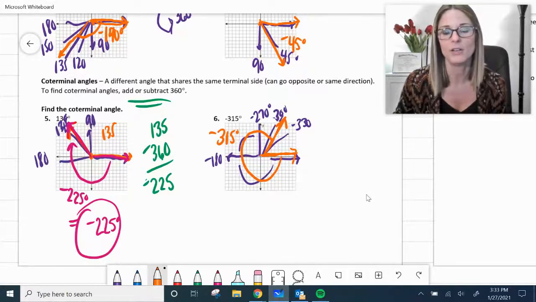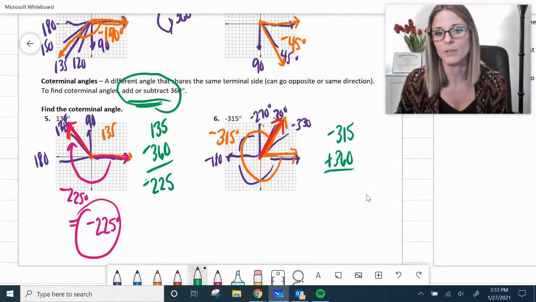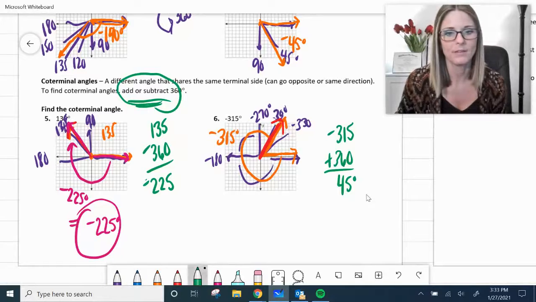Now the question was asking, find another coterminal angle. So I want to find another angle that would end right there. My directions say I can add or subtract 360. So let's take negative 315 and add 360, which would be 45 degrees. And let me show you. What do we use?